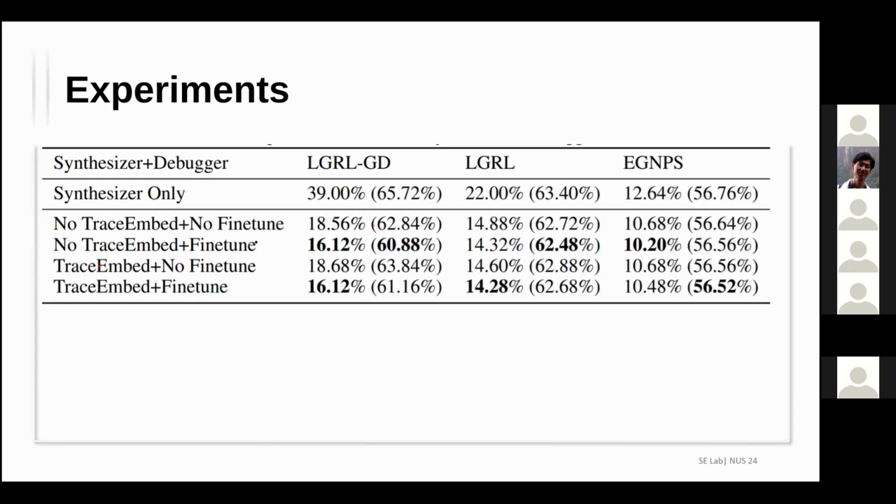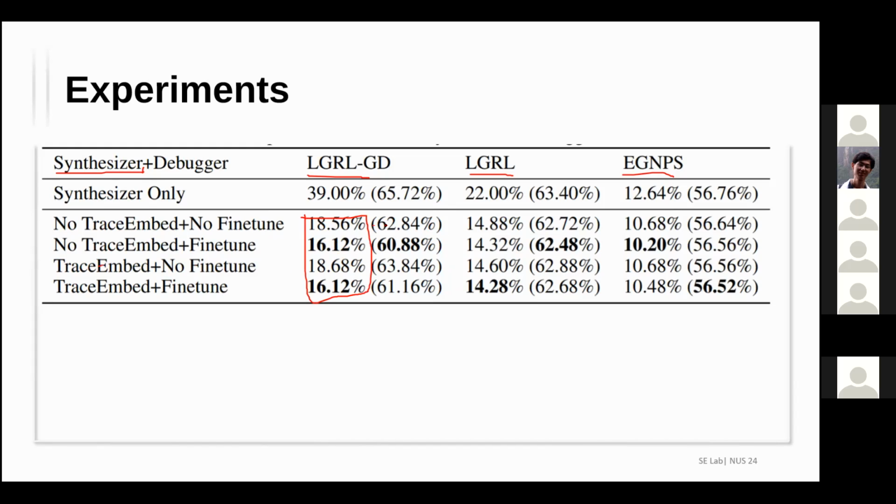So this table over here is actually showing their results. As we mentioned, the synthesizer can be any arbitrary state-of-the-art synthesizer, so they actually use a few synthesizers over here. These three are all different synthesizers. If we use only the synthesizer, the values outside of the bracket are the generalization error, so lower is better, because lower error.